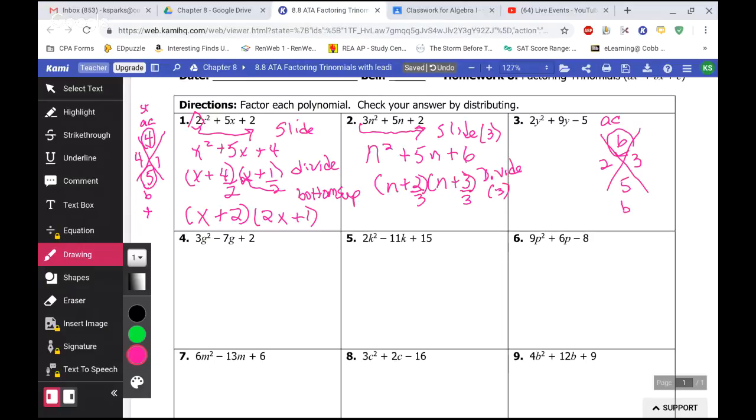So 2/3 is not a perfect integer, so I'm going to do bottoms up. So that's going to be 3n plus 2. Now 3 divided by 3 is a perfect integer, and that's n plus 1. So your final answer is 3n plus 2 and n plus 1.